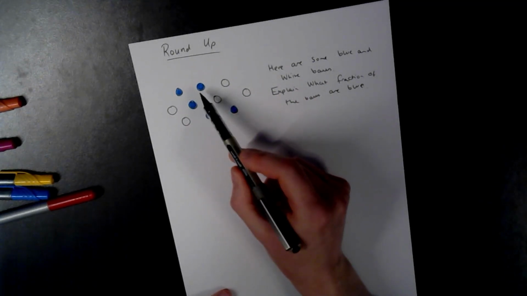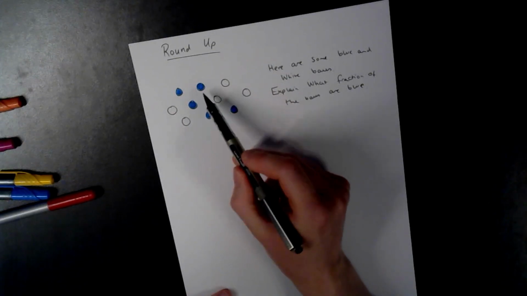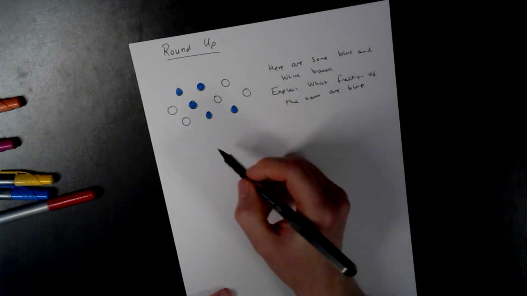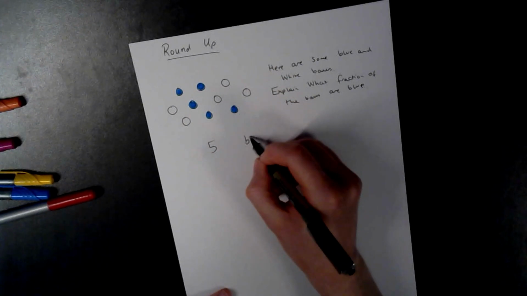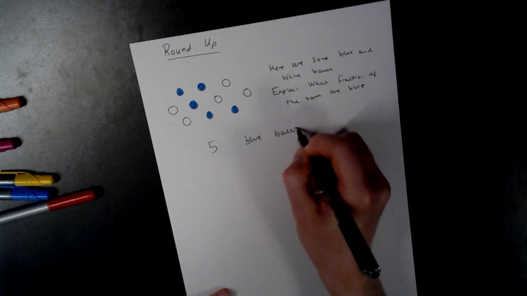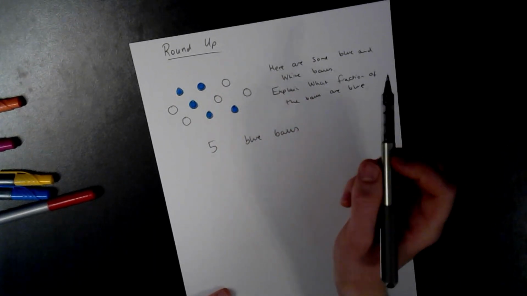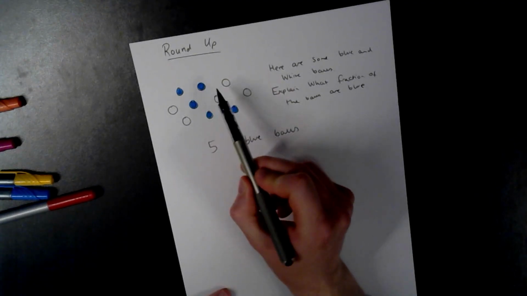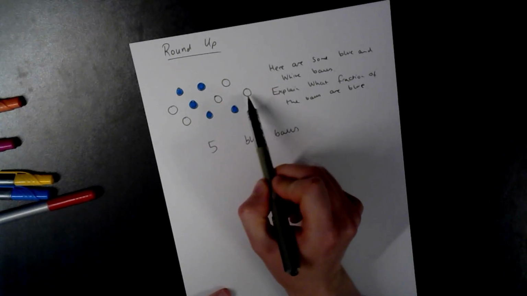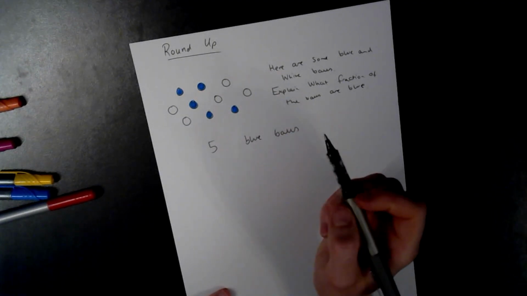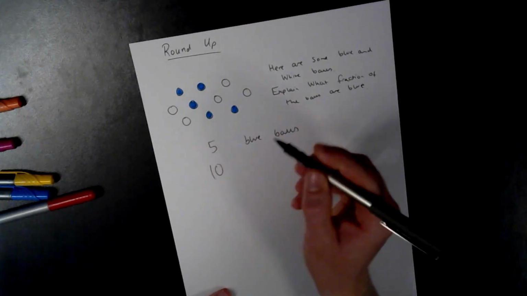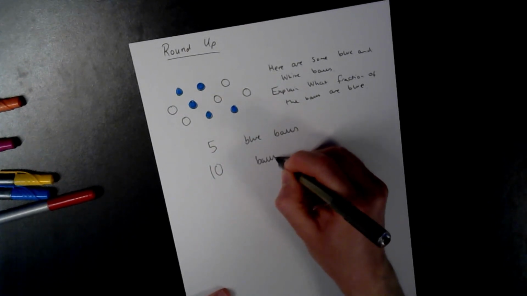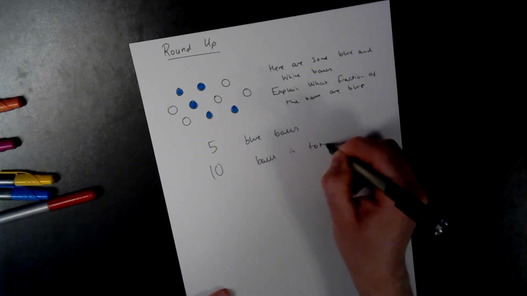So if we count up the blue balls, there's 1, 2, 3, 4, 5. So there's 5 blue balls. And in total, there's 1, 2, 3, 4, 5, 6, 7, 8, 9, 10. There's 10 balls in total.